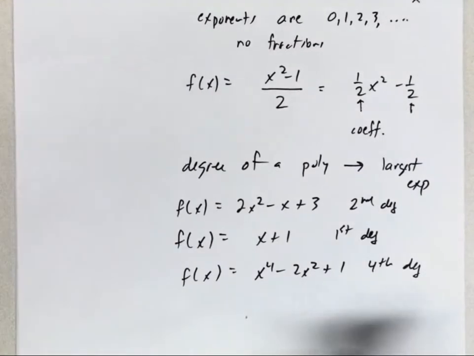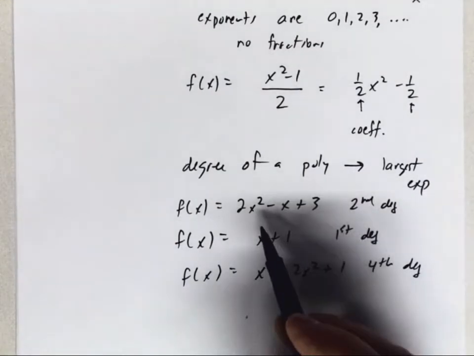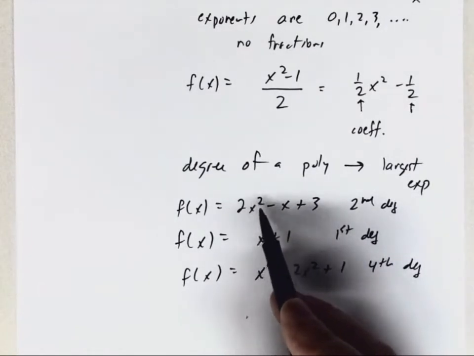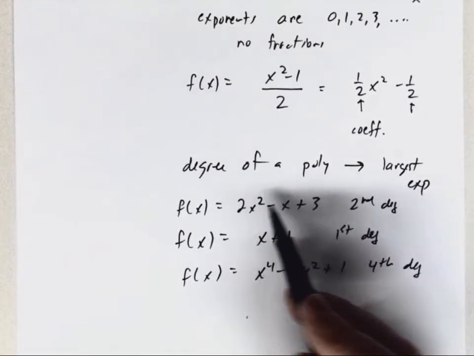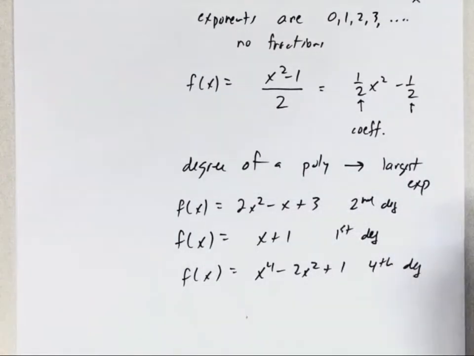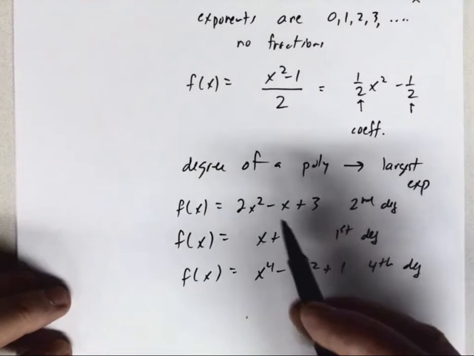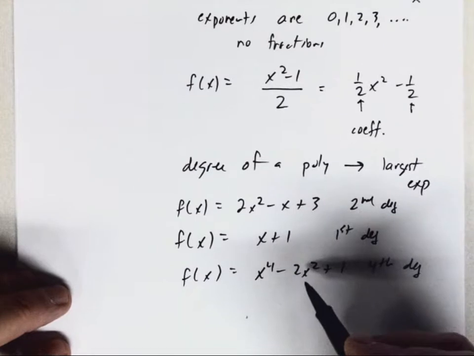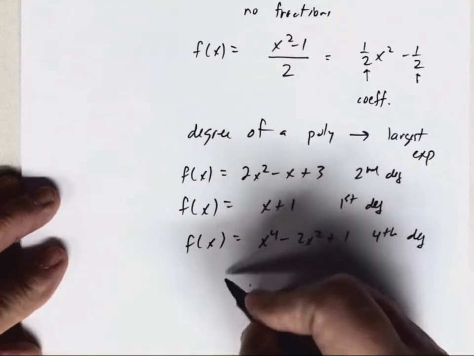And by the way, something I assume you already know, but we always write polynomials in what's called descending powers. That means your largest exponent is first, and then the exponents begin to get smaller and smaller as you move to your right. Now we call numbers in front of the variable coefficients, but there's a special coefficient.